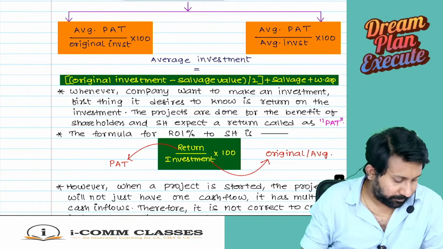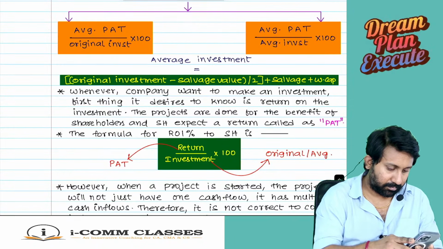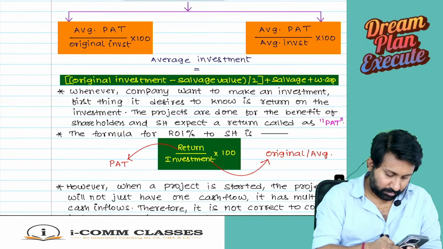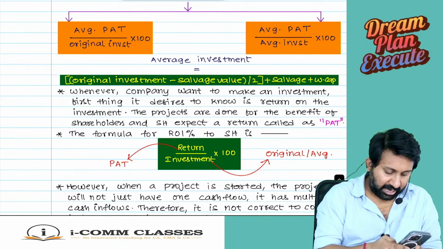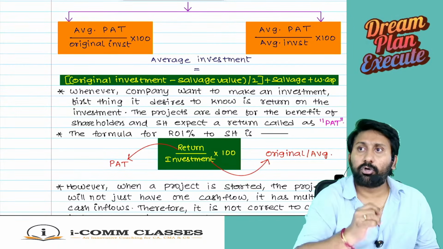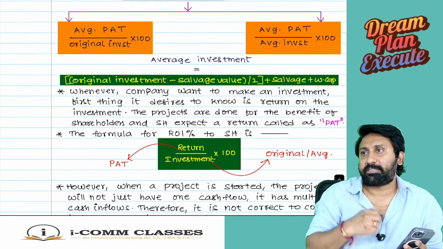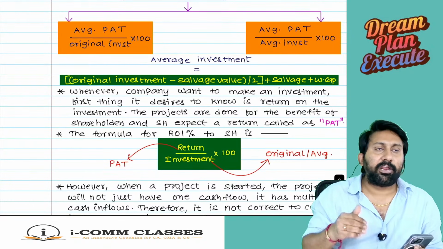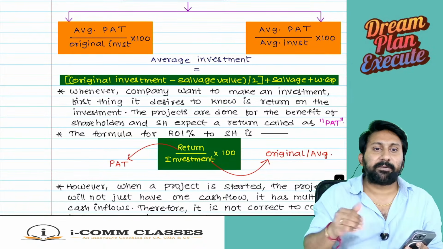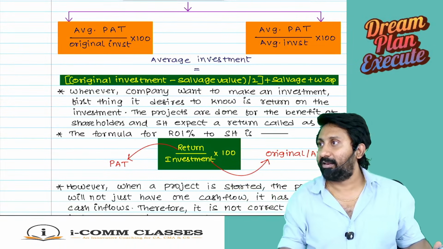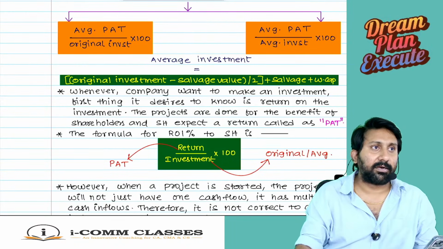Continue writing, point 2. If cash flows are given in the question, then to arrive at profits, we need to deduct depreciation.